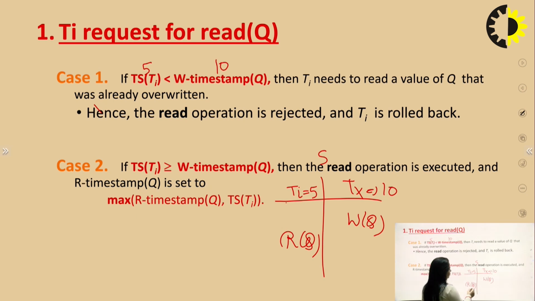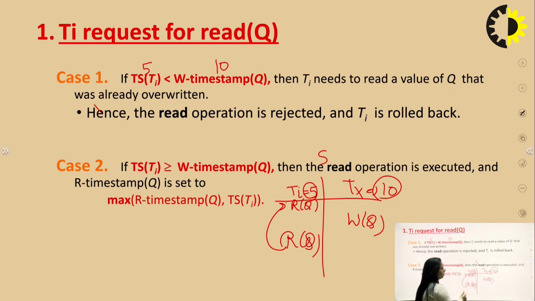But when we studied the timestamp based protocol, we learned that the transaction having the lesser timestamp will perform operations before the transaction with the greater timestamp. So this read operation should be performed here, because its timestamp is lesser than the timestamp of TX.